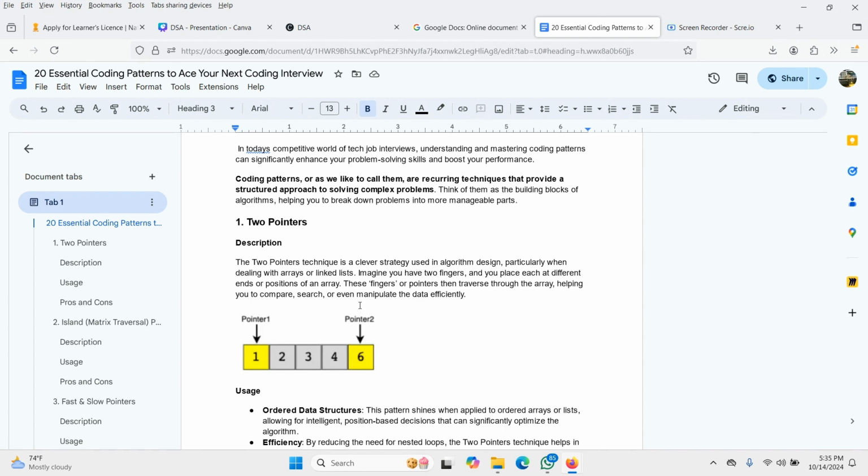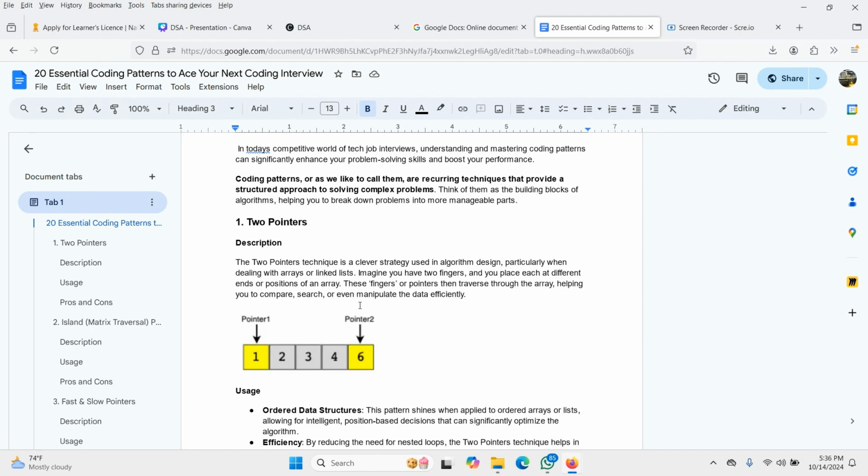It is particularly useful when you are dealing with data structures like arrays and linked lists. Suppose you have two fingers and you place them at different ends or positions of an array. These fingers, or pointers, can traverse through the array, helping you compare, search, and even manipulate the data efficiently.